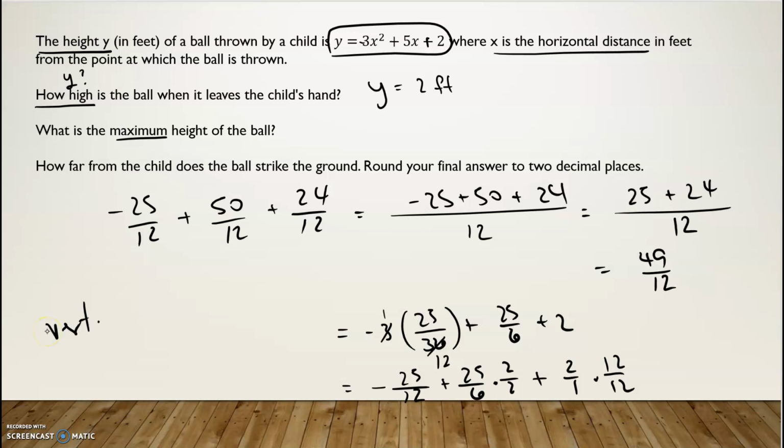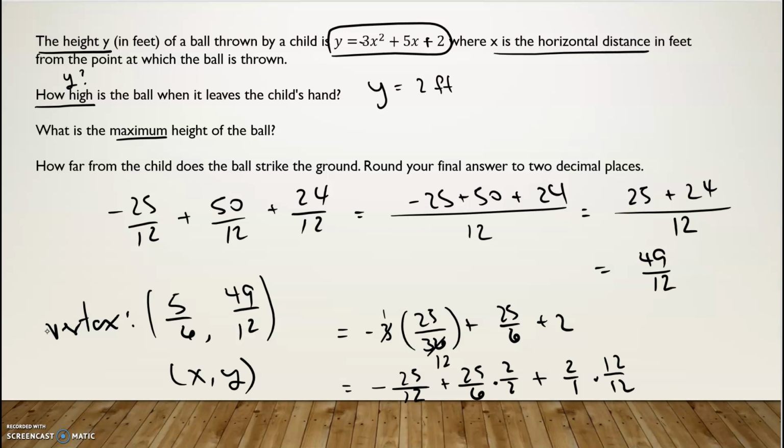Okay, so the vertex would be, let's see, 5 over 6 is what we got for h, and then we just found 49 over 12 for our k value. Now notice the 5 over 6 is in the x-coordinate spot, and the 49 over 12 is in the y-coordinate spot.